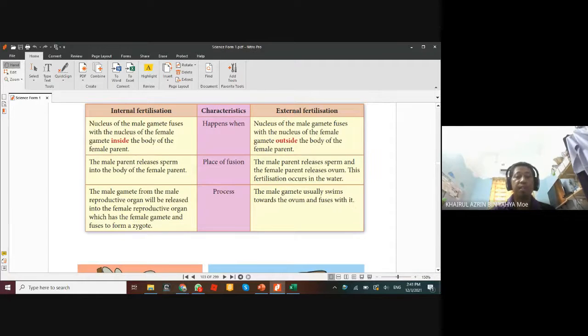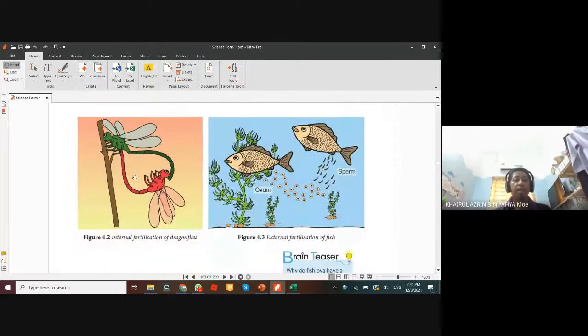Okay. We look at the picture, the diagram. Like this one, dragonflies. So this is a male and this is female. So the male fuses inside the body of a female. But for fish, this is female and this is male.